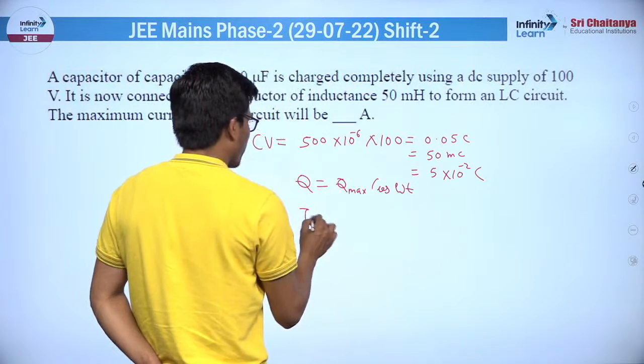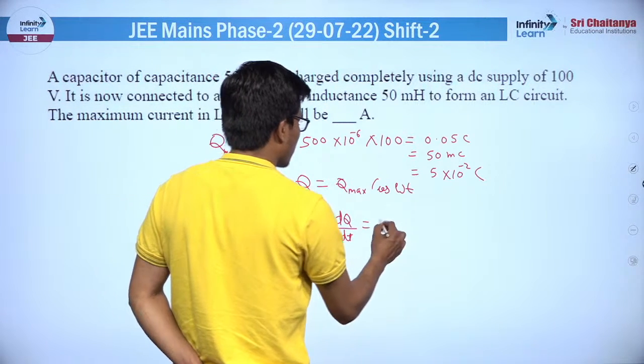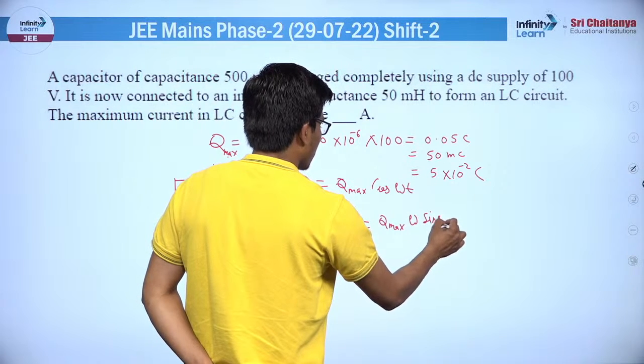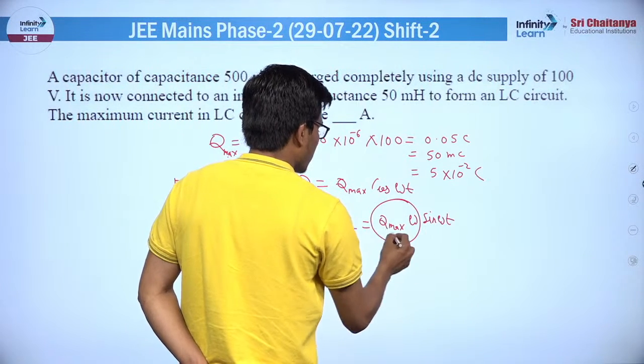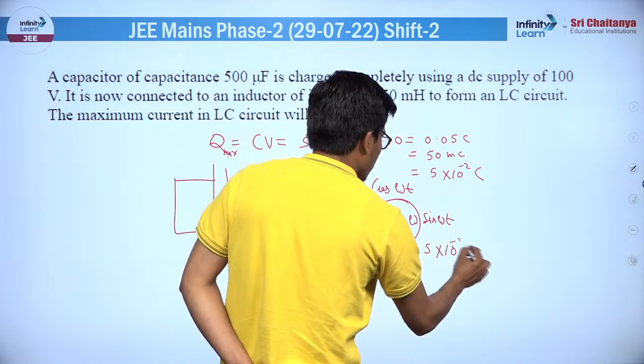So current I need to find, current is dq by dt, you can say current will decrease, minus dq by dt. So Q max into omega into sin omega t. So current maximum will be Q max into omega. Q max you know, 5 into 10 to the power minus 2.